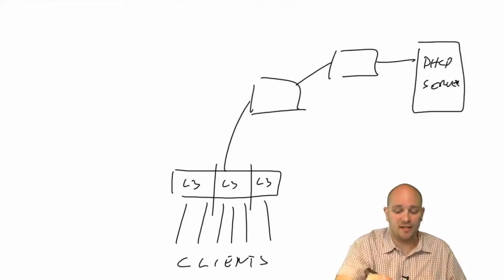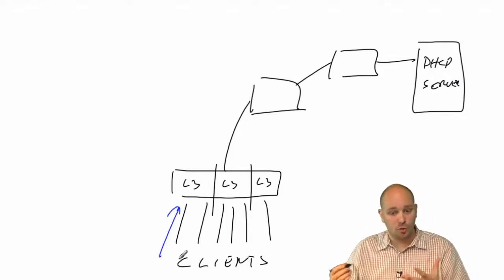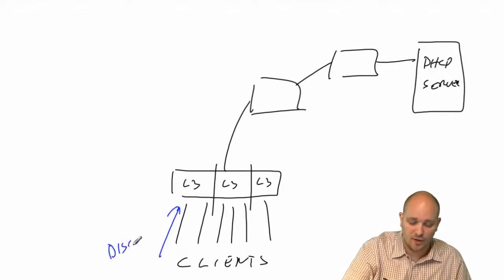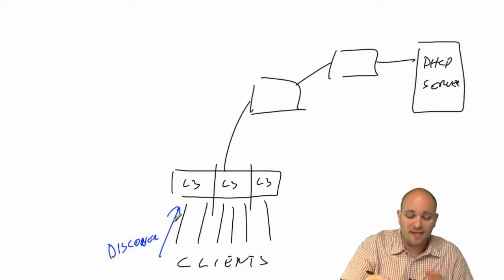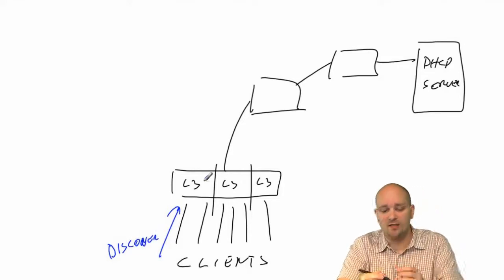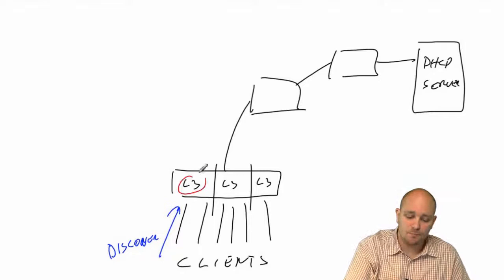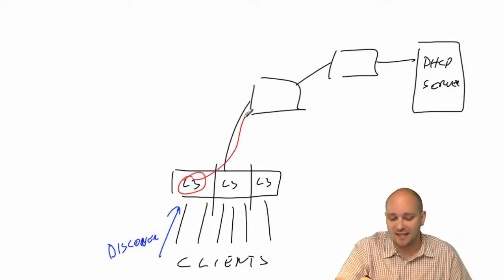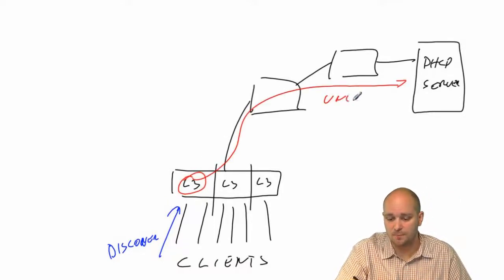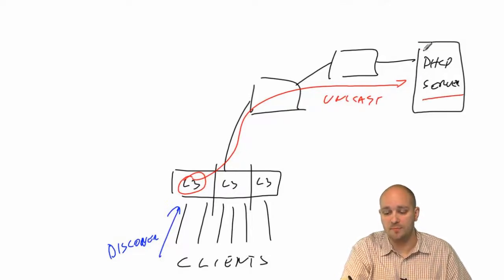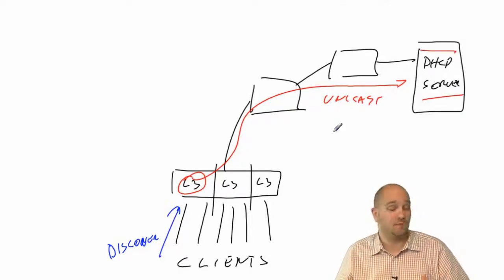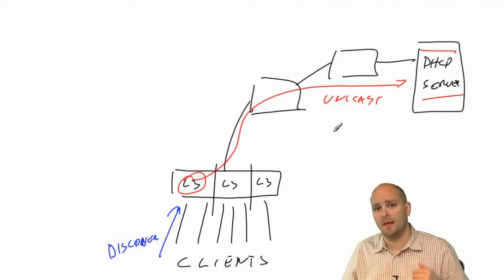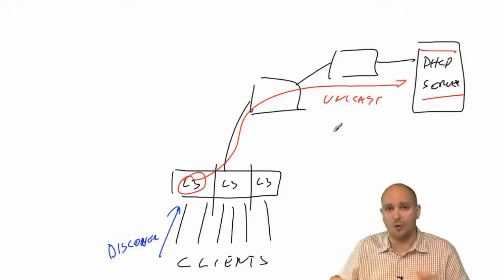So what we need here is, when the client sends the broadcast, when it sends the discover message, what we need this switch, this gateway here, to do is take this broadcast message and send it as a unicast message towards the DHCP server so that the DHCP server can assign a proper IP address to our client.